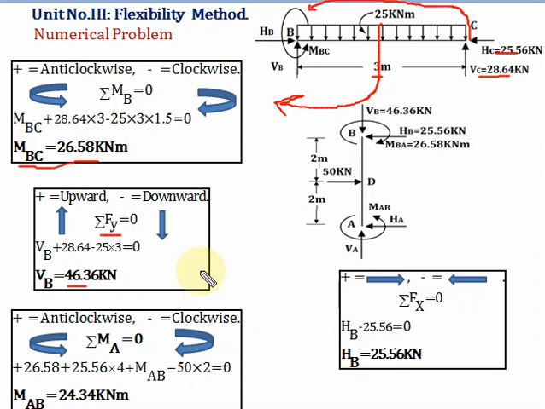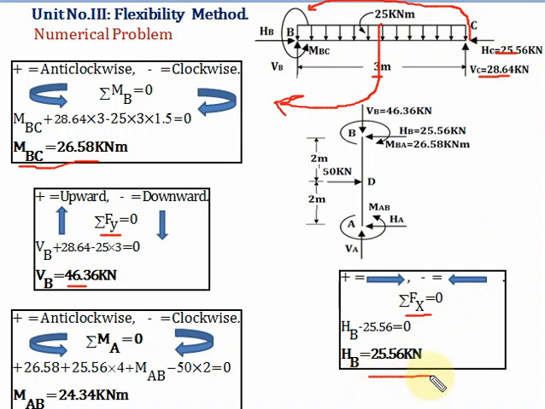Now we'll apply the next equilibrium equation, summation Fx, considering force acting towards the right positive and towards the left negative. So HB acting towards the right, plus, minus 25.56 equal to 0. So the value of HB is 25.56 kilonewton.